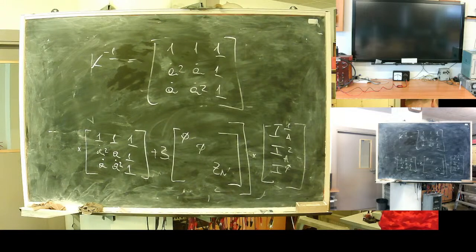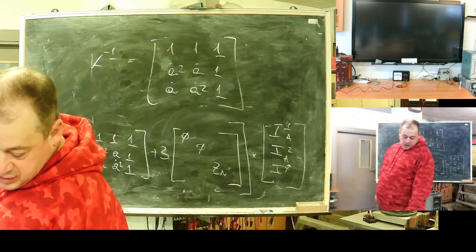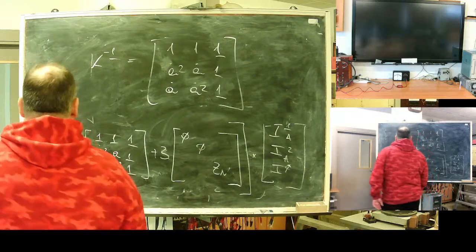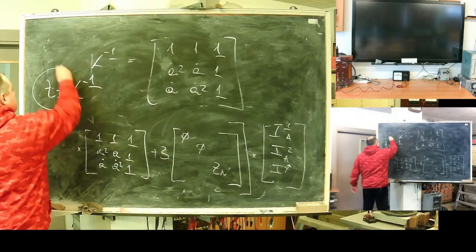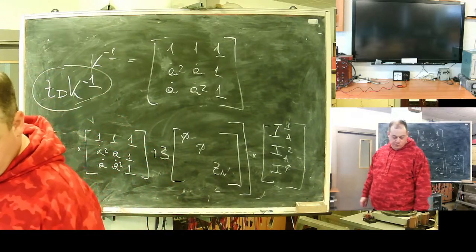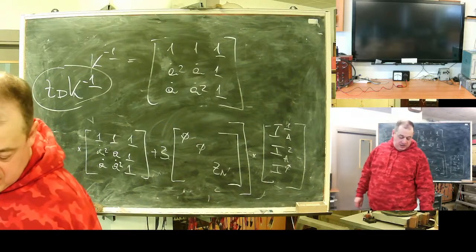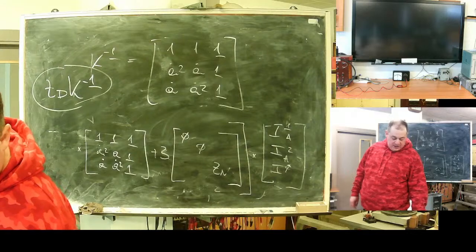The point is, what if I can substitute the multiplier? If this multiplier can be substituted with a real matrix, this means I will get a corresponding network that physically exists.